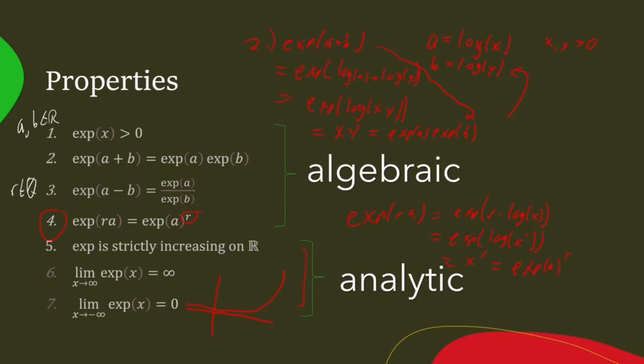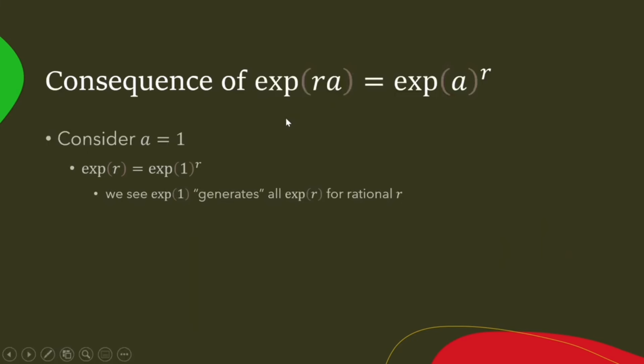Okay, great. Now, one consequence of property 4 on the previous slide, the one that says that the exponential of r times a is equal to the exponential of a to the power r for rational values of r: if we, in particular, take a equals 1, then this equation simplifies down to exp of r is equal to exp of 1 to the power r. That's the simplification.